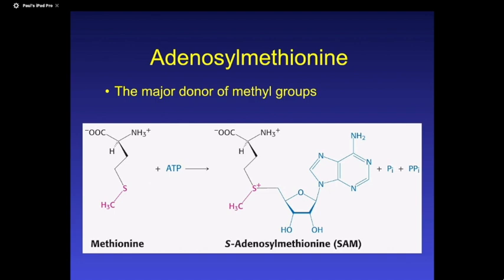Leaving group, all three phosphates. So what really happens is the electron pair becomes a nucleophile that attacks the number 5 carbon on the ribose ring, and all three phosphates fall off.